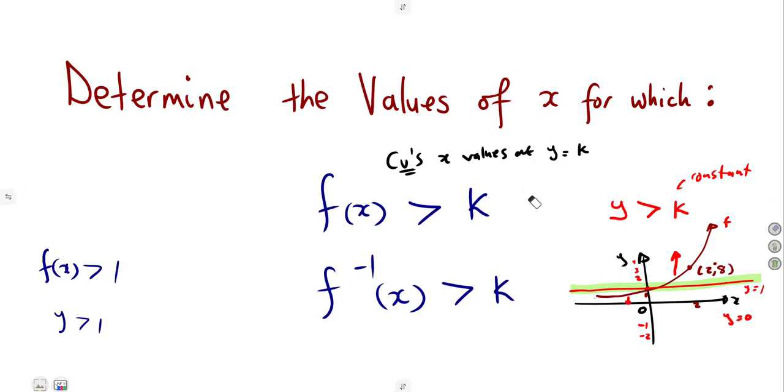So if we say x values, guys, let's say just the x value at y is equal to k. That will be your critical value. So in our case, y is equal to 1. So the critical value, where y is equal to 1, the x value is corresponding to where it meets the graph here and the y-axis.